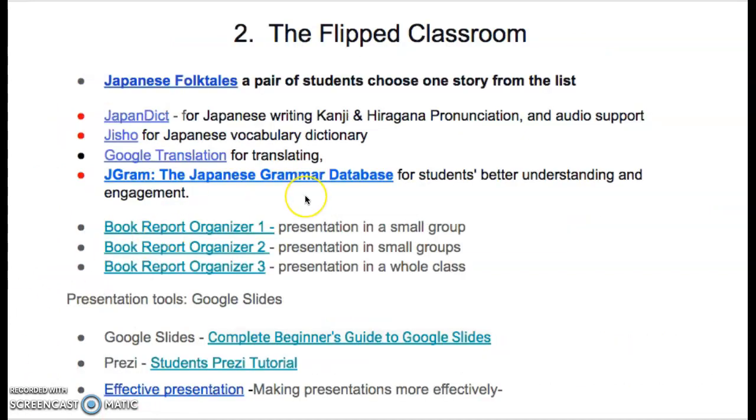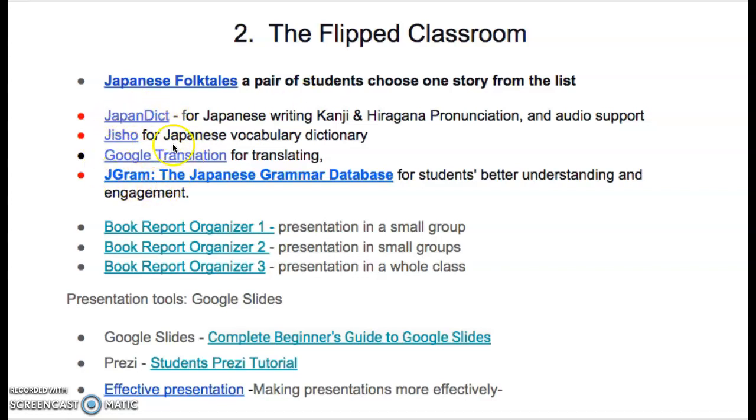This is all on a website or paper, with Japanese tools access. And then here are the Japanese folktale stories. There are about 90 stories in it, so there should be enough stories to choose from.